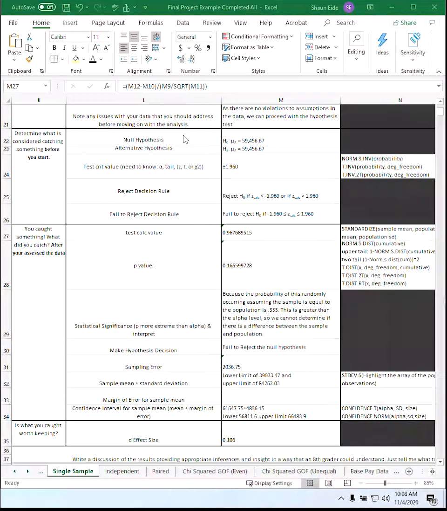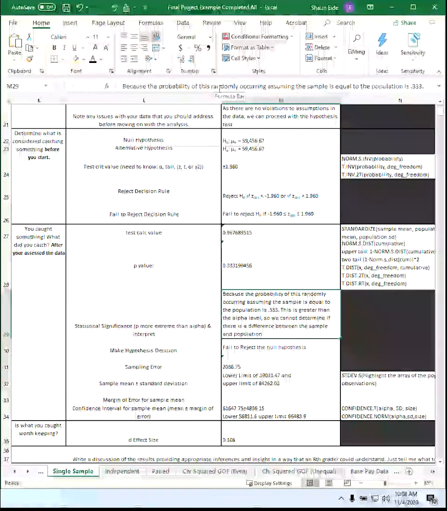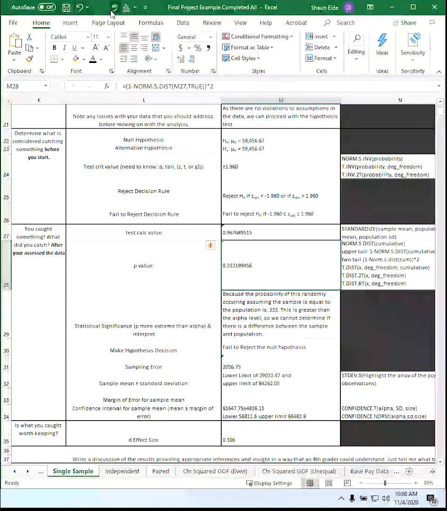And so in order to do that, you would do 1 minus NORM.S.DIST, and then true for cumulative. And then you're going to multiply it by 2. And so this is going to be your actual p-value, and I'm going to make it into 4 decimal places.